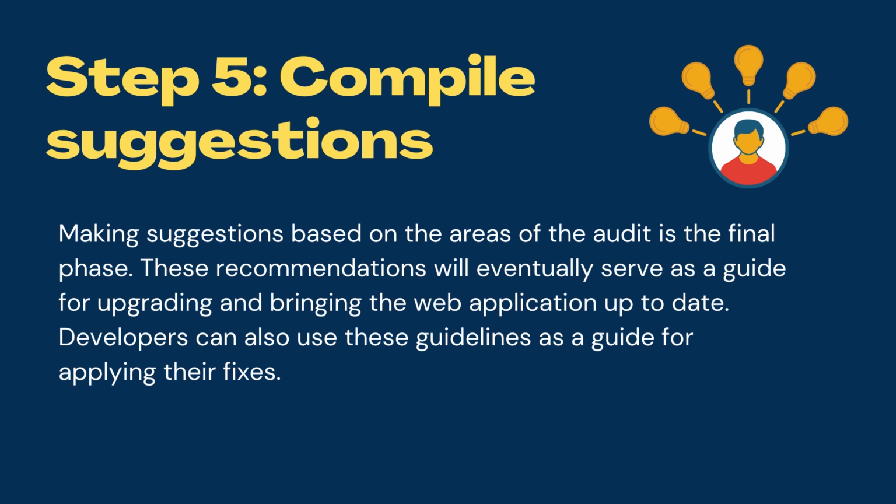By using that, we can come up with suggestions. Making suggestions based on the areas of the audit is the final phase. This recommendation will eventually serve as the guide for upgrading and bringing the web application up to date. Developers can also use this guideline for applying their fixes.